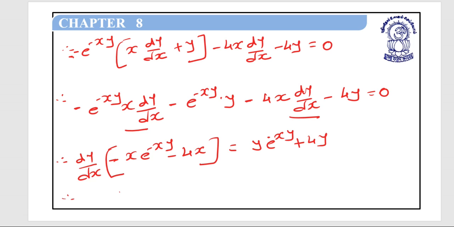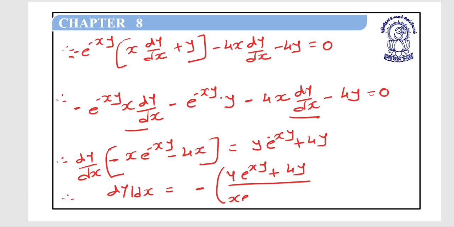So dy by dx is equal to minus y e raised to minus xy plus 4y upon x e raised to minus xy plus 4x.